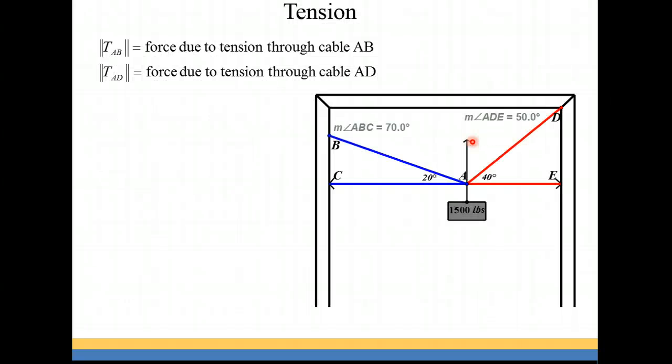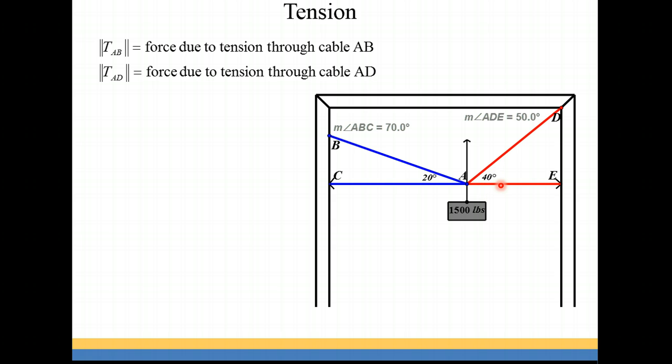So we're going to let the force due to tension through cable AB be represented by TAB, and the magnitude of the force due to tension through cable AD be represented by TAD. Now we know that our opposing forces are going to equal each other if the system is in equilibrium. So we have these two forces that are horizontal and they're opposing forces.